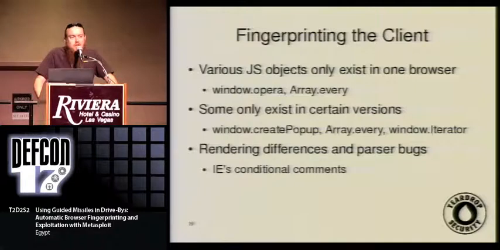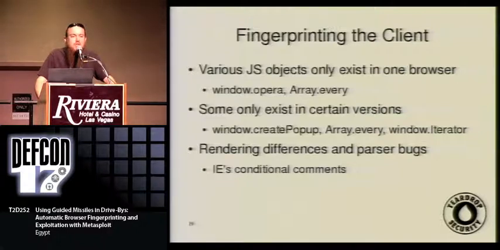So for figuring out what the client is, we've got a number of JavaScript objects that only exist in a given browser. For example, window.opera only exists in Opera. That one sort of makes sense. Who would make something called window.opera if you weren't Opera? Array.every only exists in Firefox.